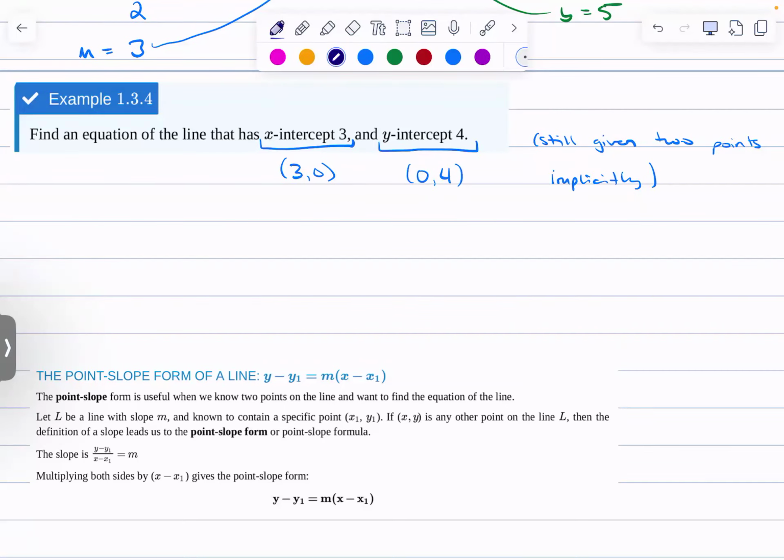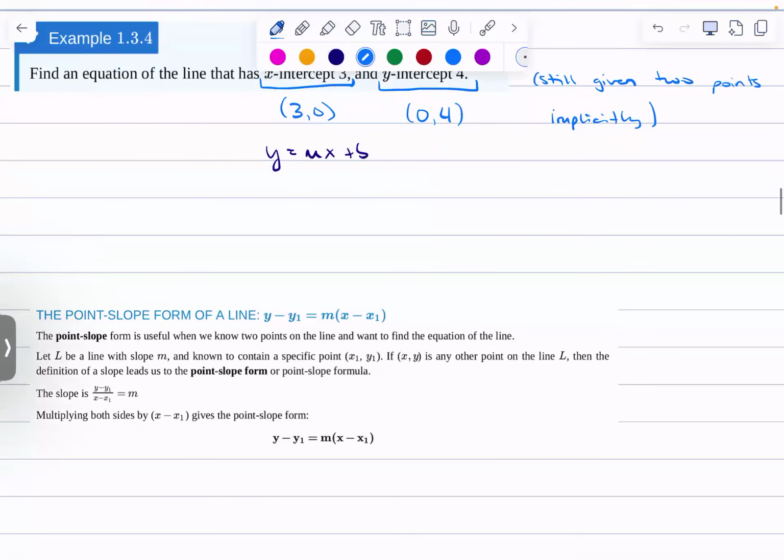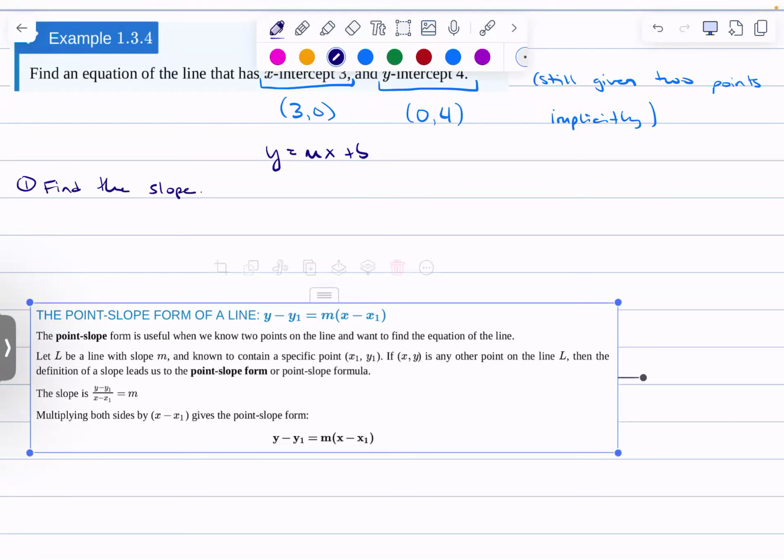What if we just apply the same kind of method that we have been doing? We start with our y equals mx plus b framework, and then we can find the slope, and then we can find the y-intercept. Right? That's always going to work. So, find the slope.